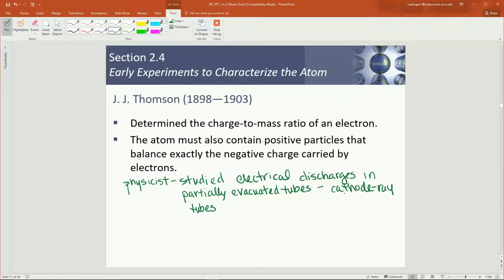He called them cathode ray tubes because the actual beam of particles originated from the negative pole of the electric field.